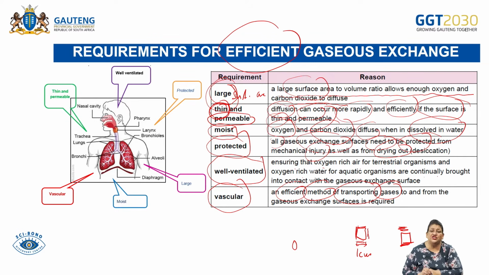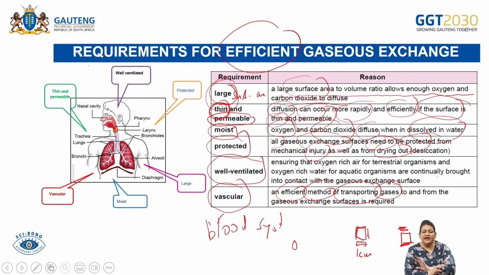So there must be a transport mechanism, because what's the use of oxygen coming in and sitting in the lung? It must move to the cells, it must move to the heart. So you must have blood vessels. So vascular simply means a blood system.